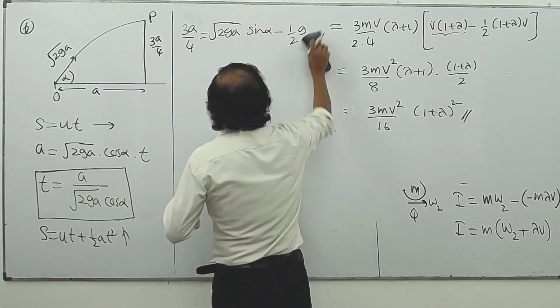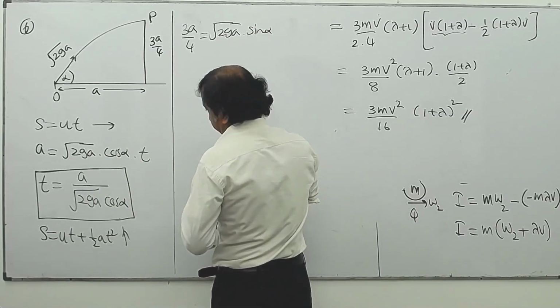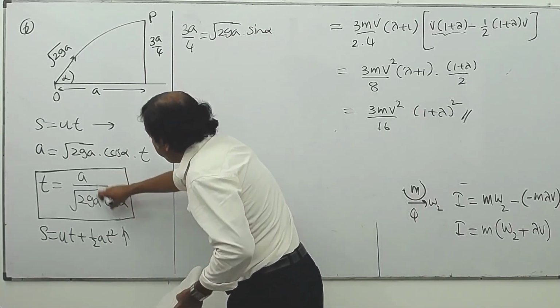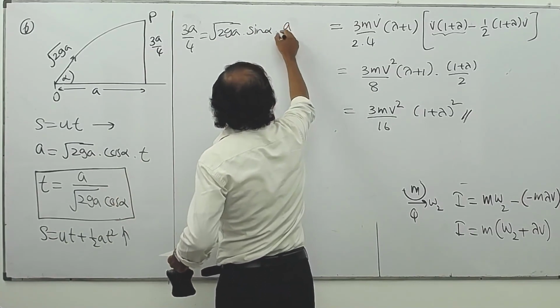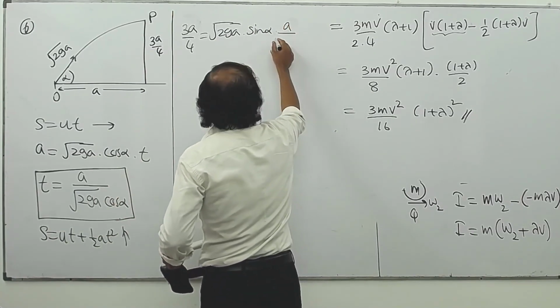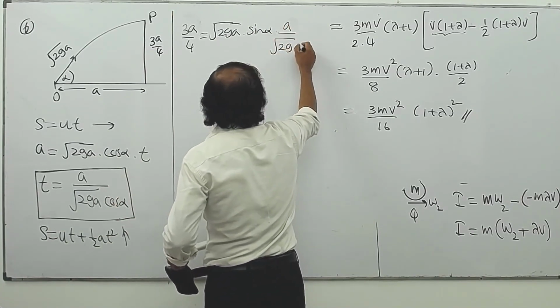Root 2 ga sin alpha times T. T is this, put that there: A over root 2 ga cos alpha.